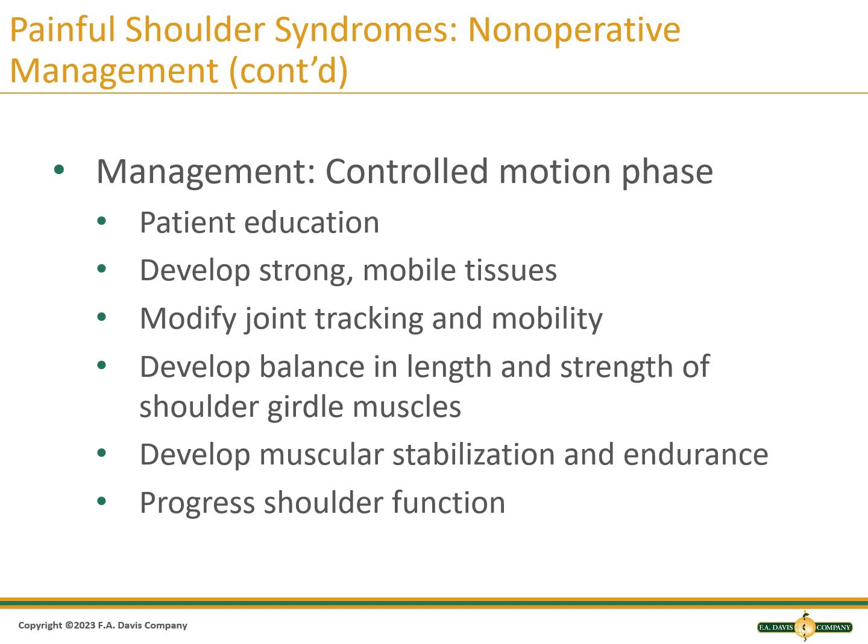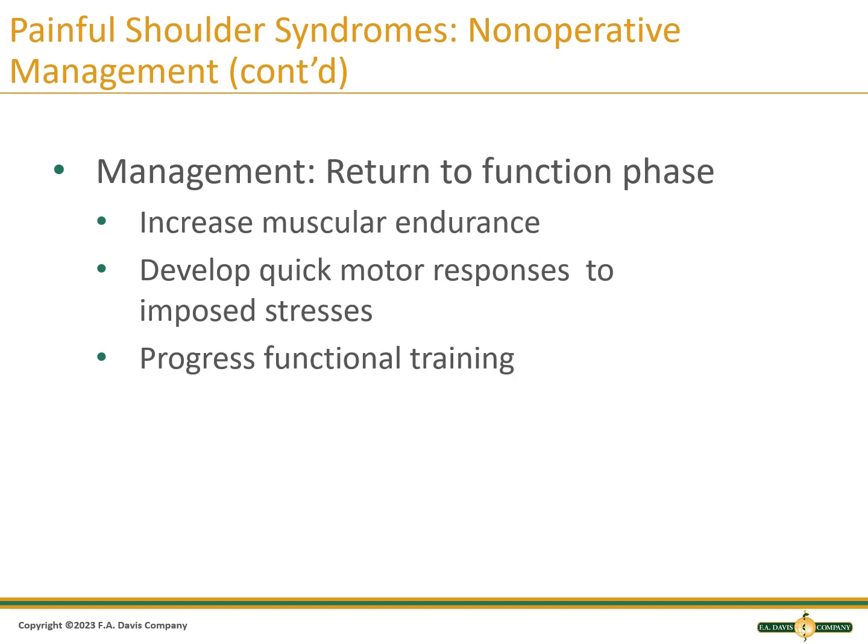And so we need to strengthen on both sides of the joint, but we can't neglect strengthening the opposite side that we stretch. So if I stretch the pecs, I also need to strengthen the rhomboids and middle trap. Develop muscular stabilization and endurance, again, so that we can superimpose those upper extremity movements and progress shoulder function.